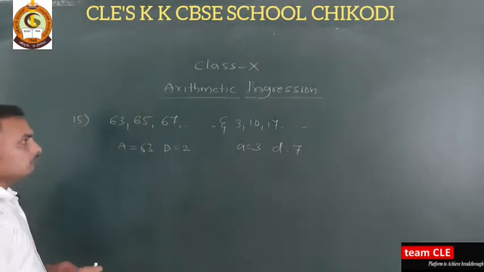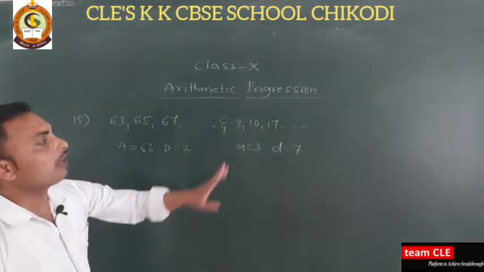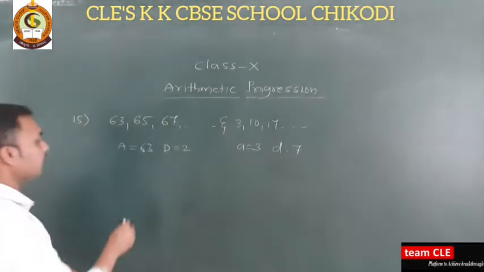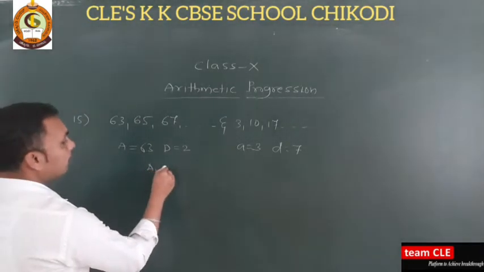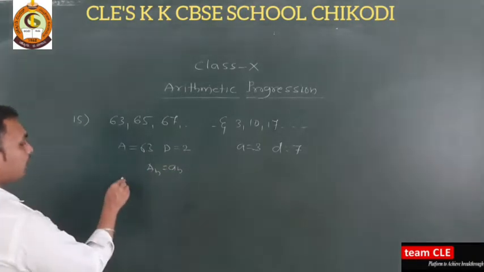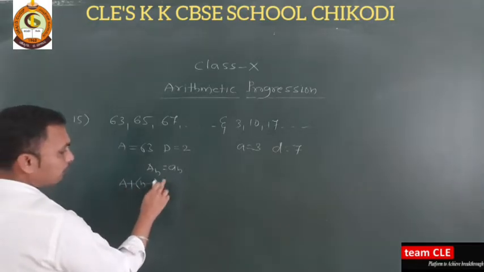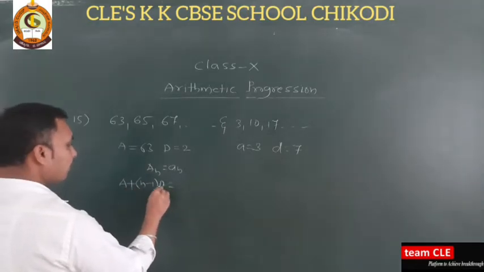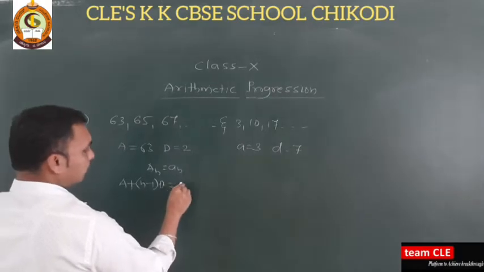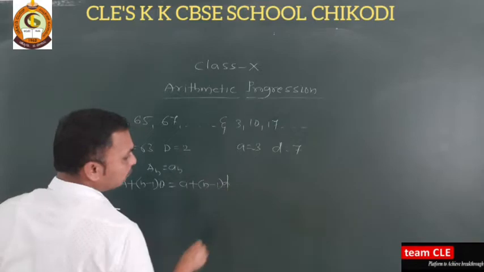Now for what value of n these are equal we need to find. Just you can see here capital A n is equal to small a n. Now this capital A n we can write as a plus n minus 1 into capital D, and this one we can write as a plus n minus 1 into small d.